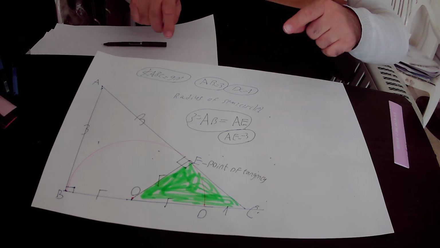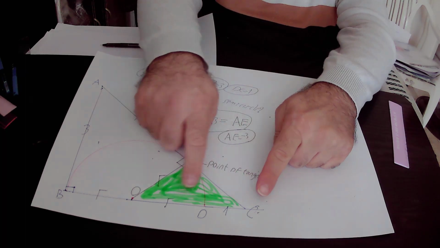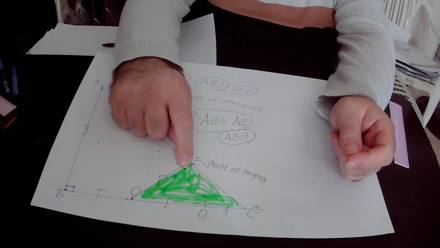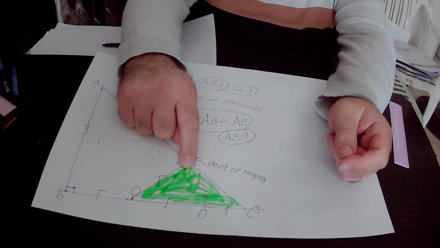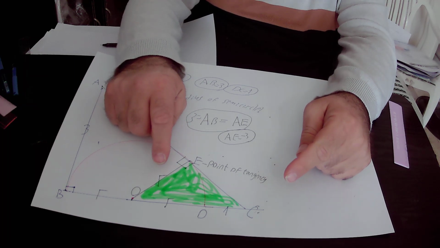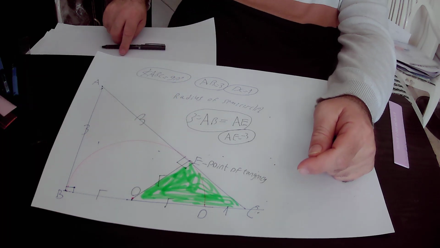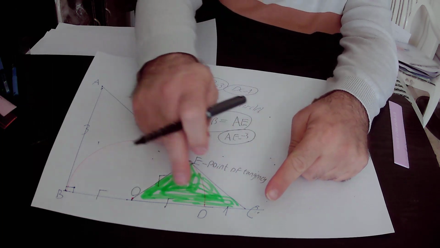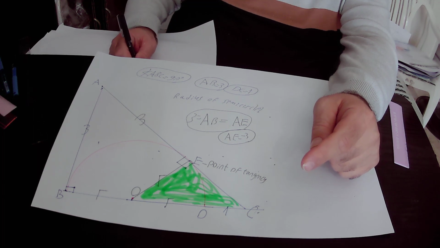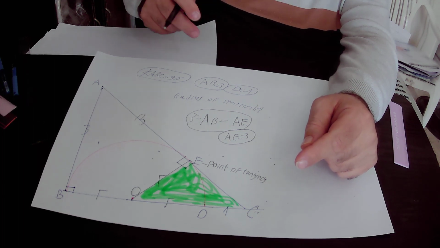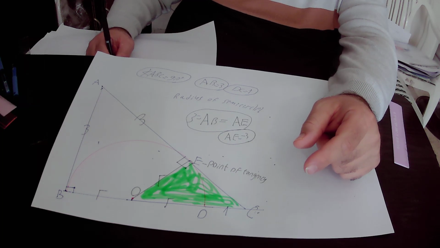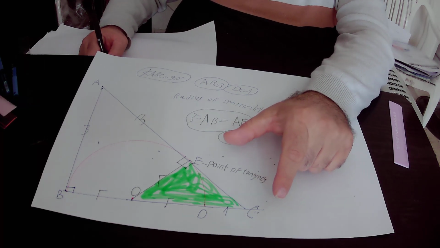And the hypotenuse of the green triangle is side OC because it is located in front of the right angle, in front of angle OEC, that is a right angle. Therefore OC is the hypotenuse of this green right triangle. So the square of the hypotenuse is OC squared, and it equals the sum of the squares of the perpendiculars. It equals OE squared plus EC squared.